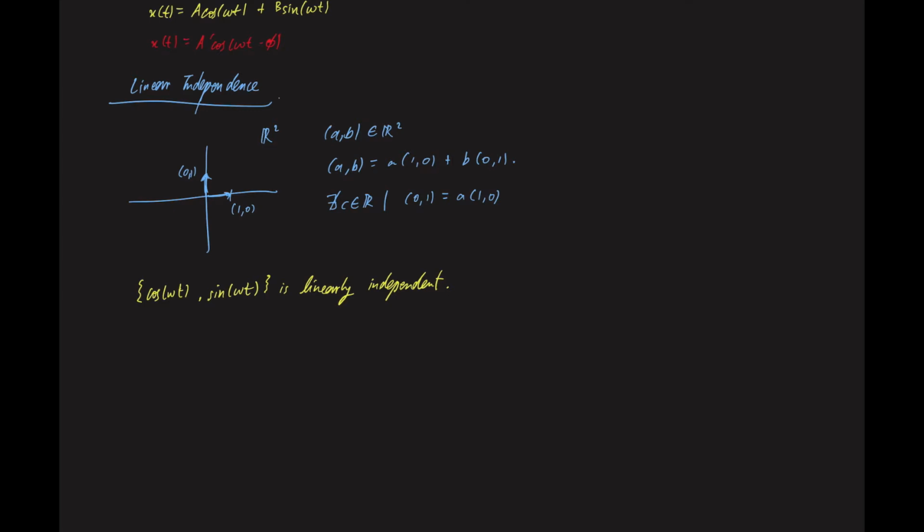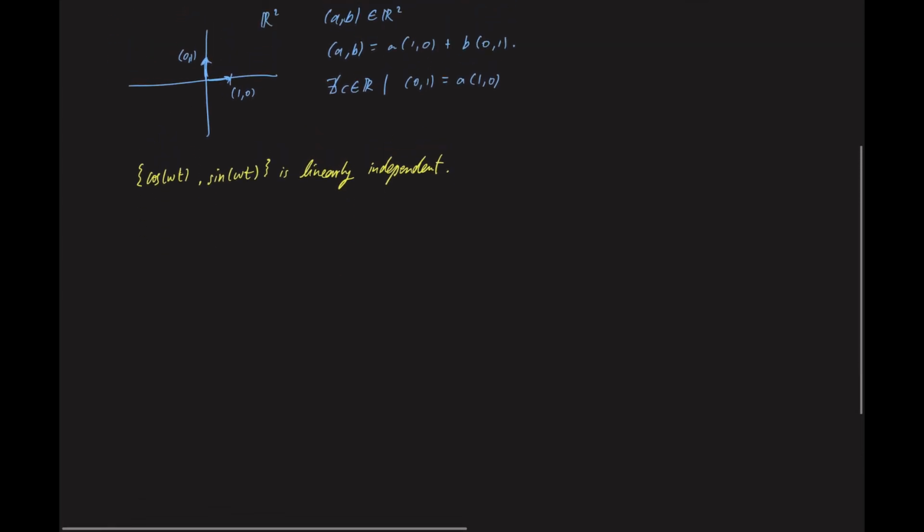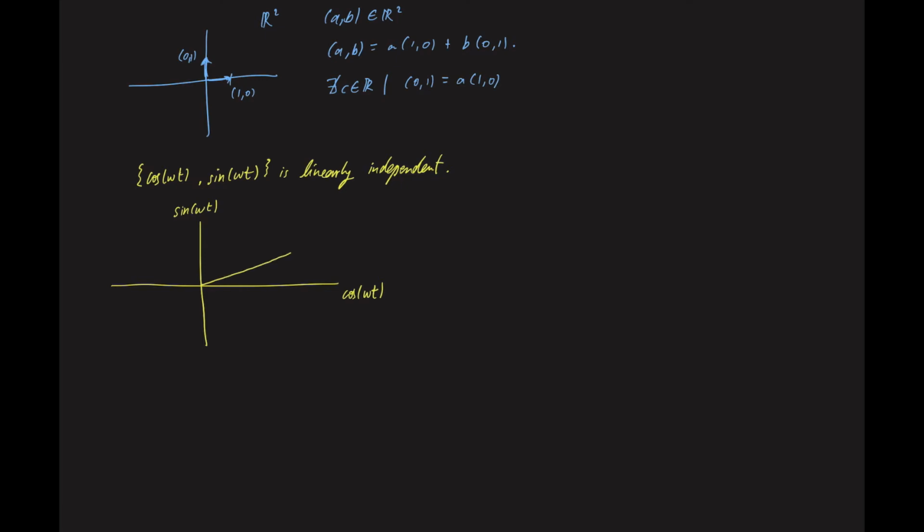So what does that mean? We can draw a space where the x-axis corresponds to cosine omega t and the y-axis corresponds to sine omega t. And in this space, we have a vector sitting at a on the cosine omega t axis and at b on the sine omega t axis.